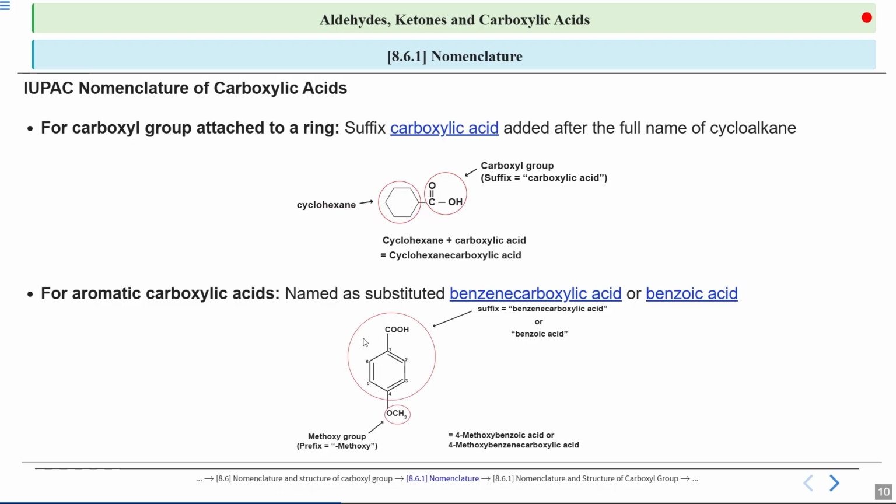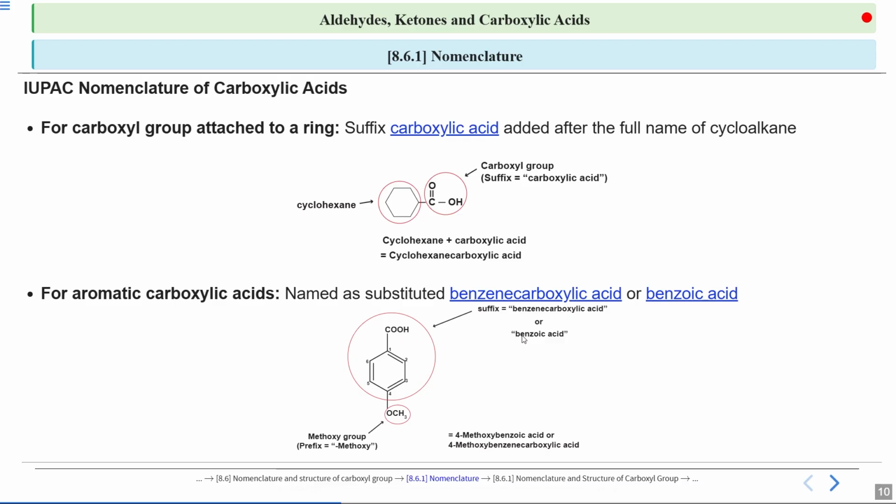So if you are writing the name of an aromatic carboxylic acid, you name it as substituted benzene carboxylic acid or benzoic acid. So the suffix which we use is benzene carboxylic acid or benzoic acid.